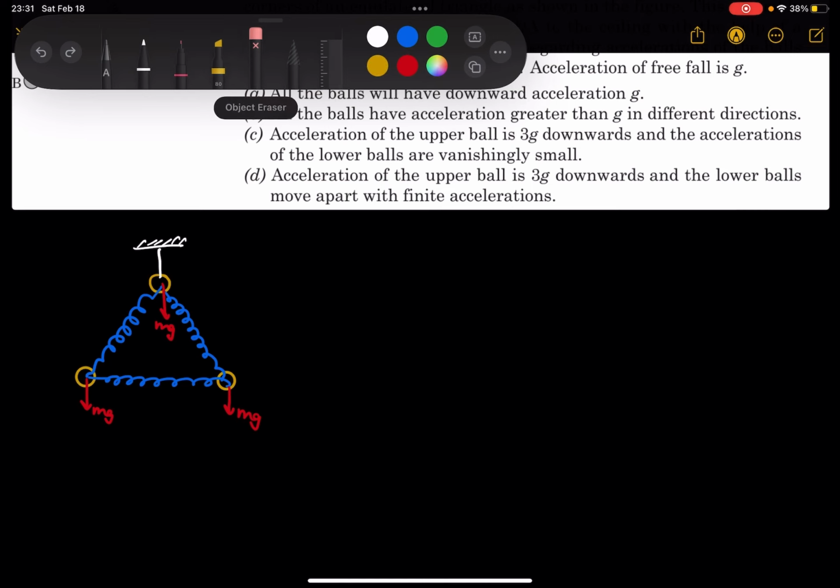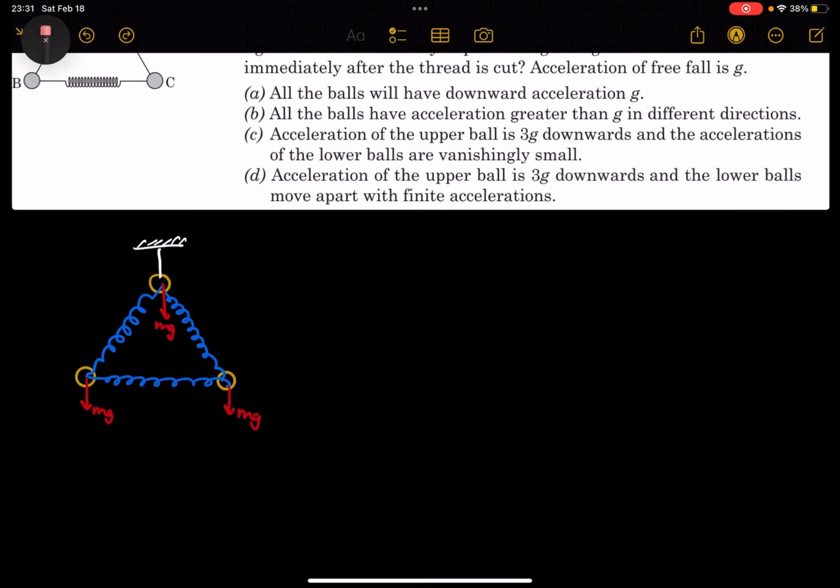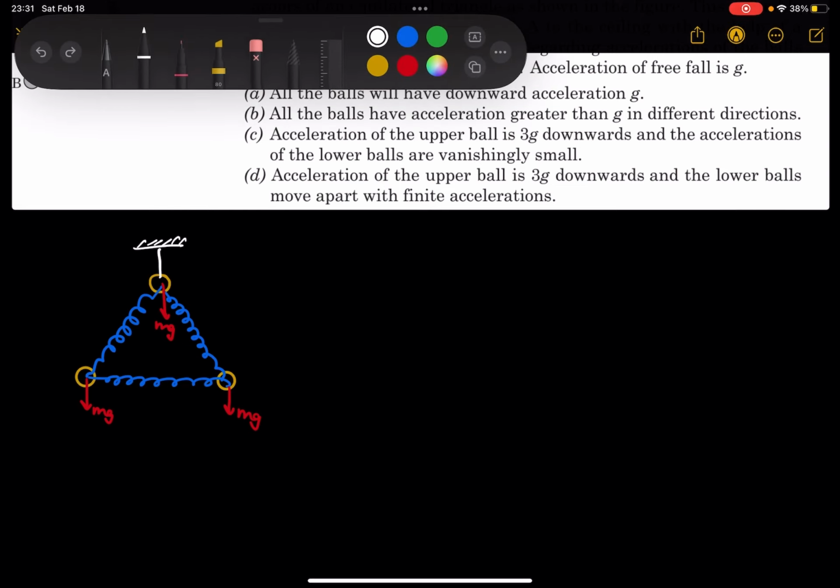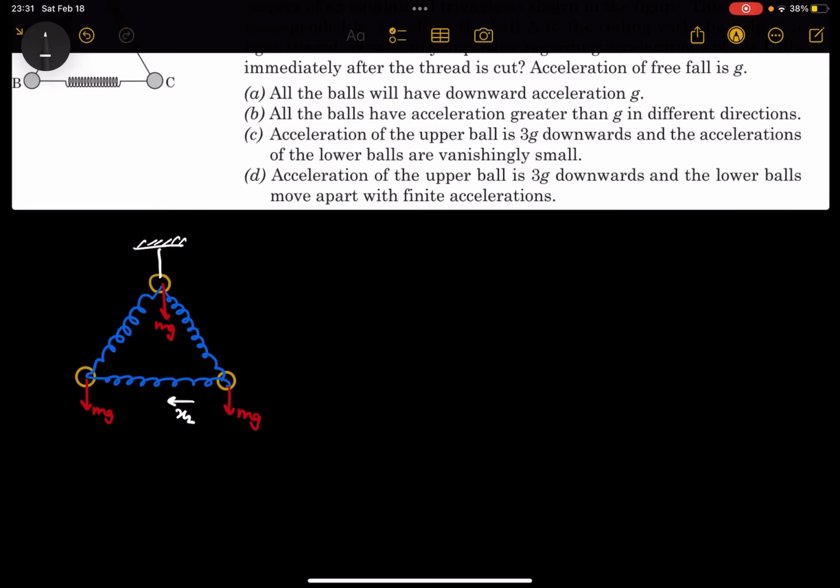Let us see. An extension in these springs is called x2, so a compression in this spring is x2. Because of this, this ball experiences a force kx2 and this ball also experiences a force kx2. And suppose the extension that happens in this case is x1, and here the extension is also x1, to maintain the equilibrium position.